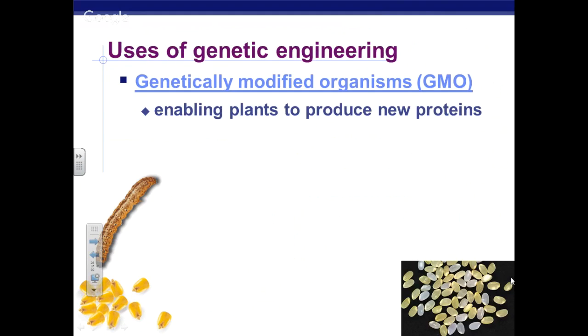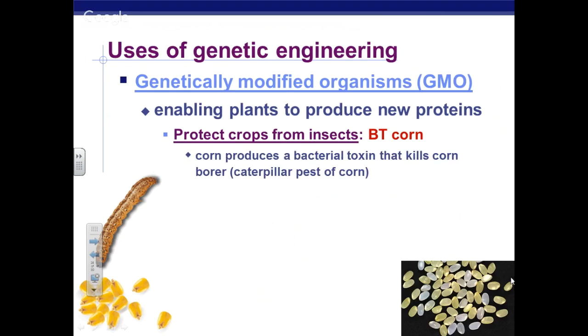So let's talk about some benefits of using genetic engineering. You can create genetically modified organisms. Scientists have made a lot of them. One particular type that is out there is called Bt corn. It has a gene inserted in the corn genome from a prokaryote that produces a particular toxin that will kill this corn borer, this little caterpillar guy.